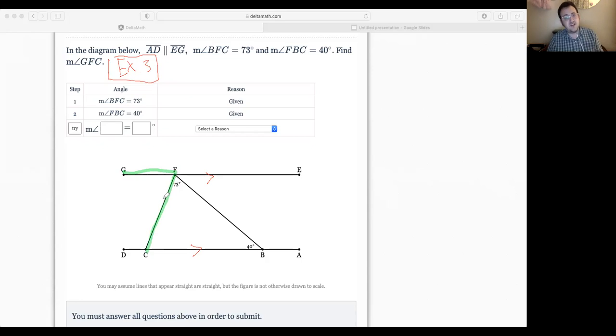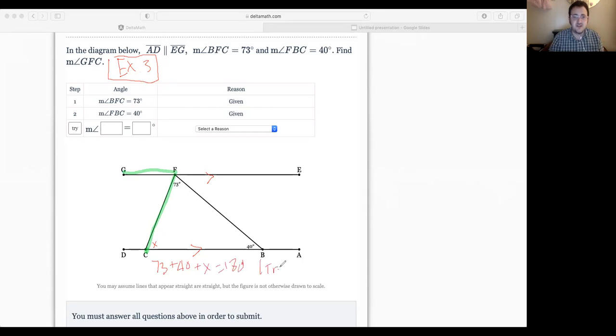All right, so there's a few ways that we could go. I think that the easiest route to go is to actually find first the third angle in the triangle. So I would say 73 plus 40 plus x equals 180.